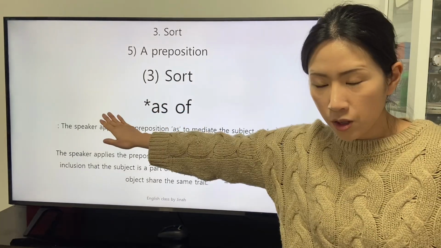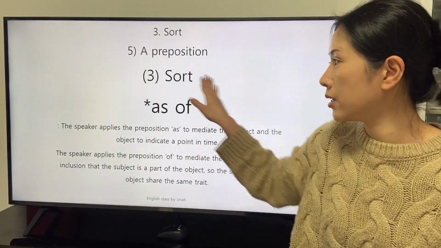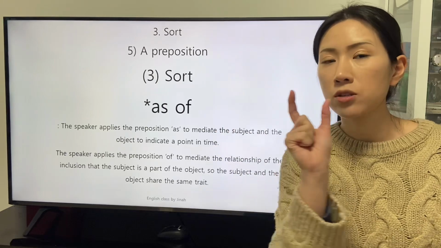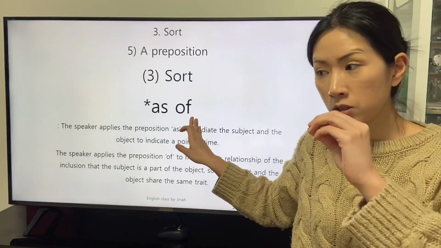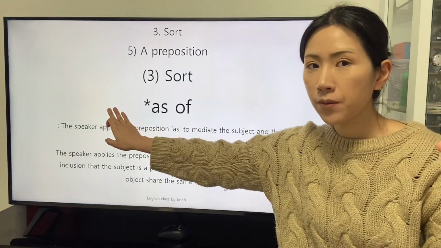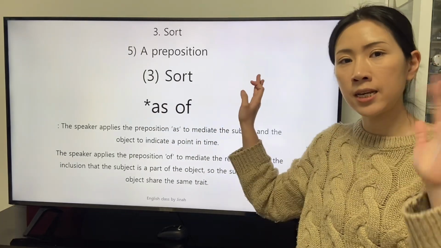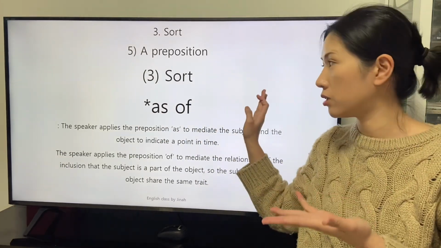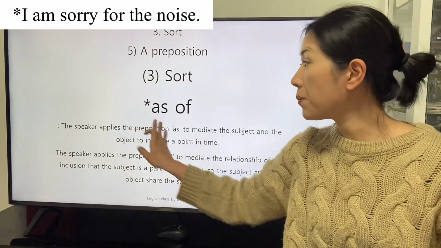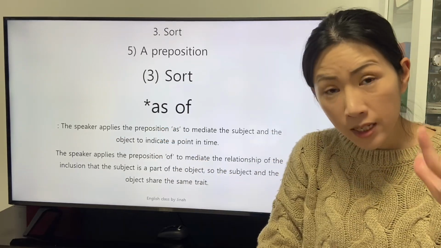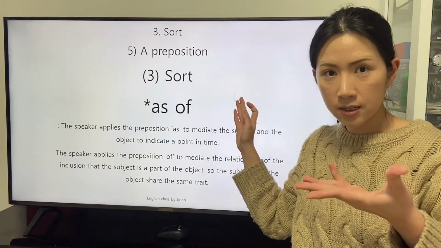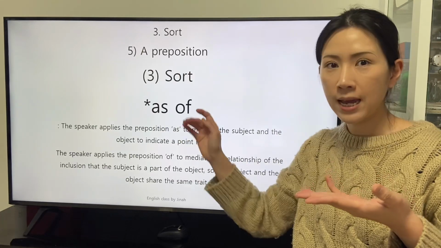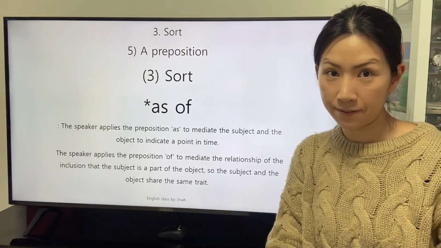So the subject of the preposition and the object of the preposition share the same trait. The subject of the preposition of is included in the object of the preposition. The subject of the prepositions defines the object of the prepositions as a representative.